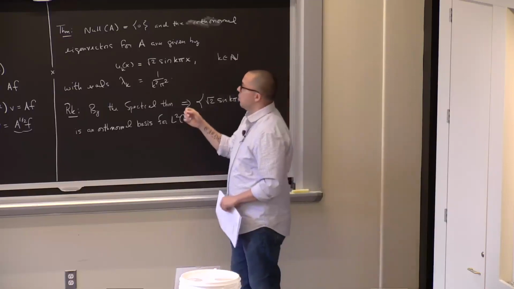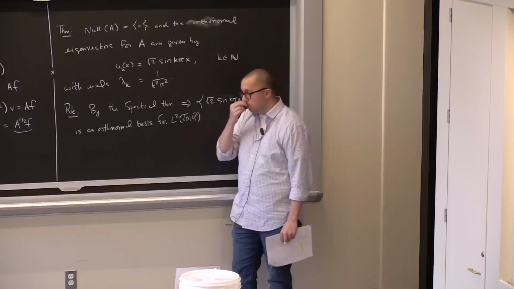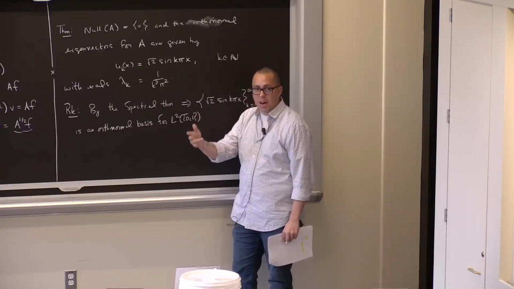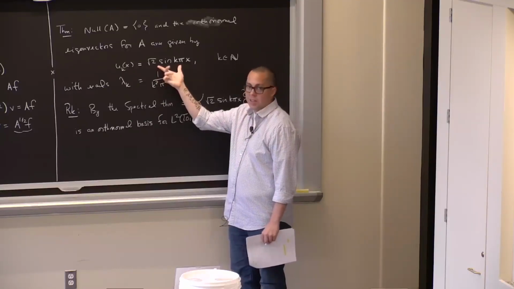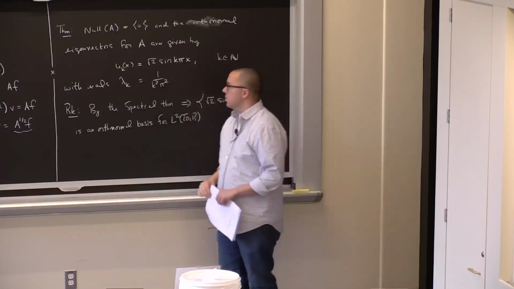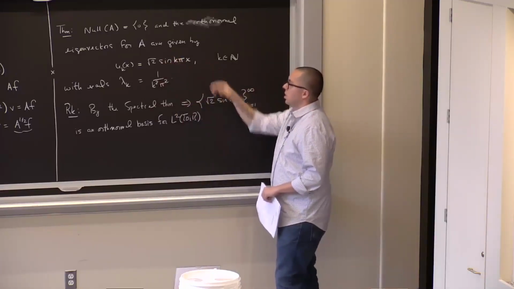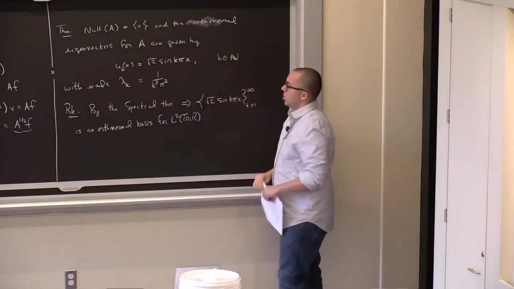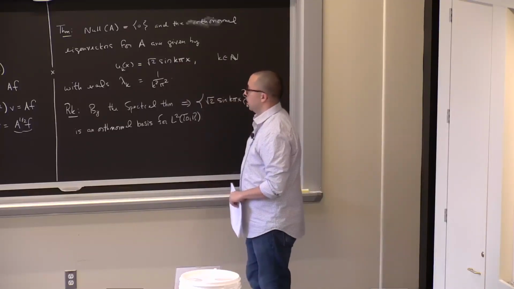And the only parts of the e to the i n pi x in the expansion of an odd function that come out involve only the sine. So without knowing these are the eigenfunctions for this operator A, you could also conclude that this is an orthonormal basis for L2 of 0, 1.